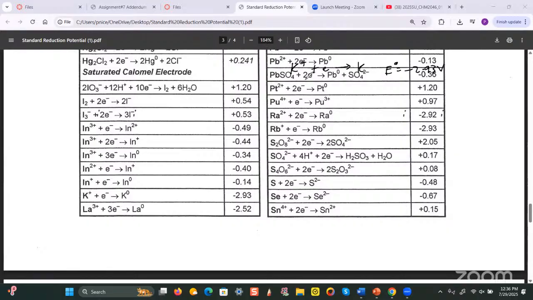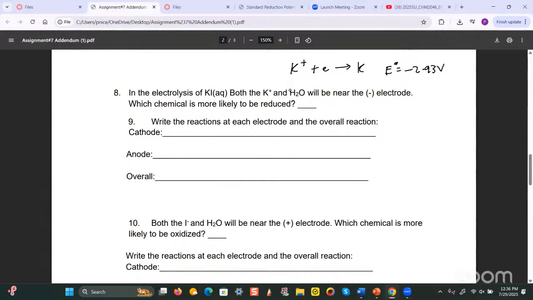So the reduction of water equation is the same as the one that we saw before, which is H2O plus electrons to form OH minus plus H2. And again, we need 2 here, we need 2 here, and we have 2 electrons here.